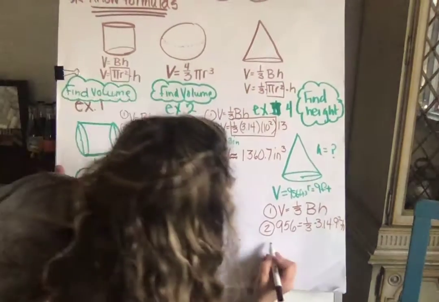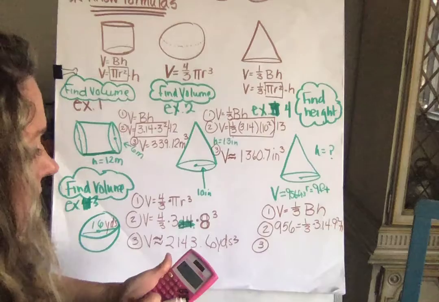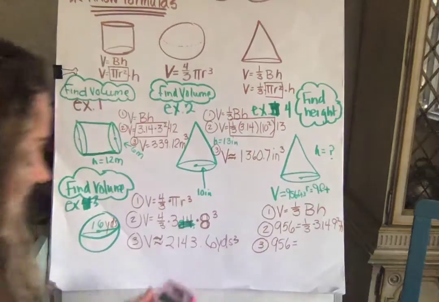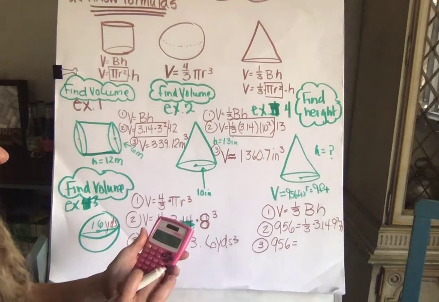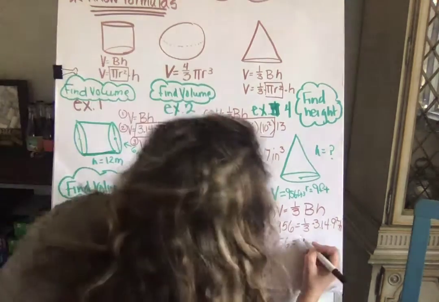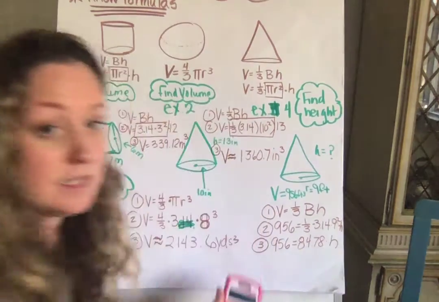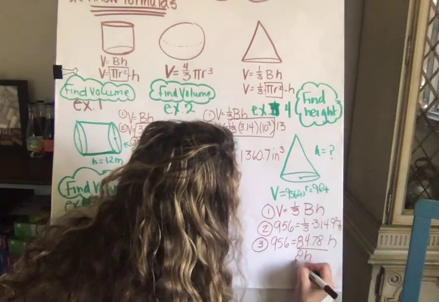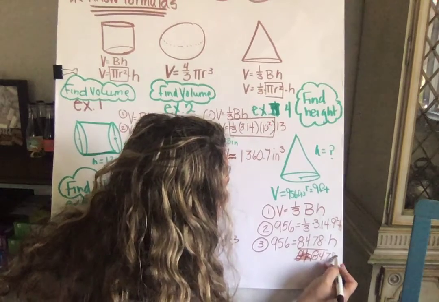So now I'm going to have to do some math and figure out, I still have 956. I have 3.14 times 9 times 9. I'm going to hit equal. I'm going to divide by 3, and I get 84.78 times height. I need to divide both sides by 84.78.